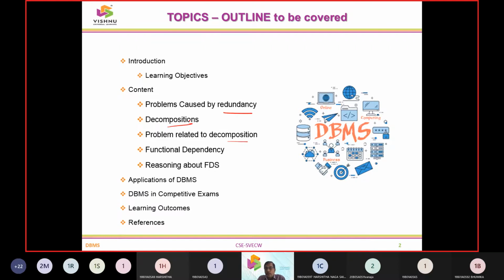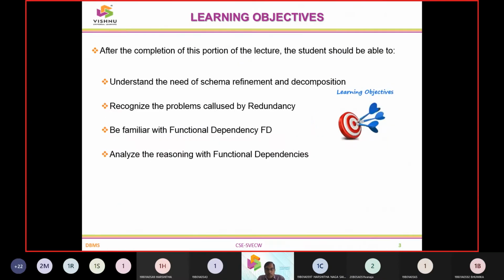Normalization looks at the normal forms, etc. This lecture aims to help you understand the schema, its decomposition, problems caused by redundancy, and then a move towards understanding functional dependencies and analyzing how the functional dependencies are going to take up.